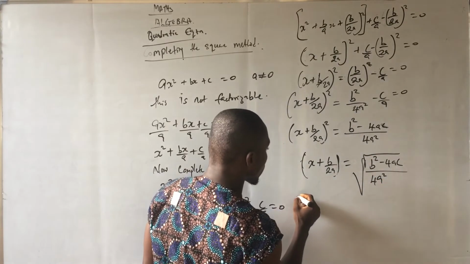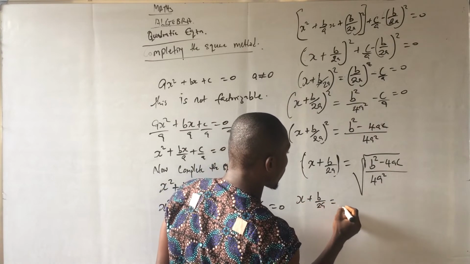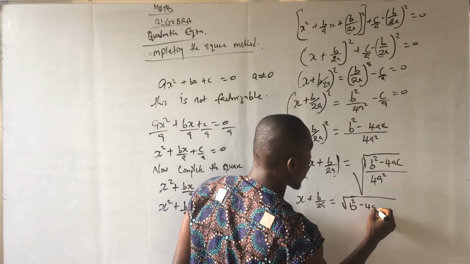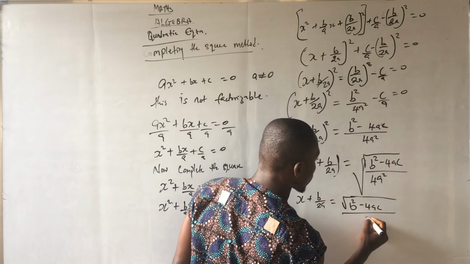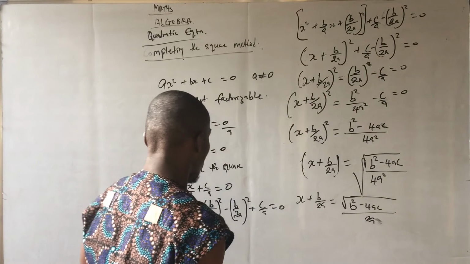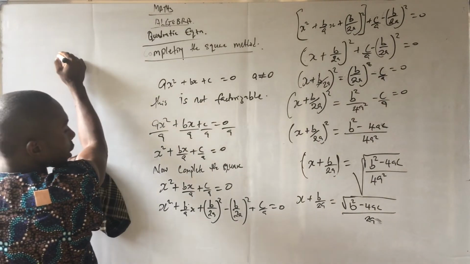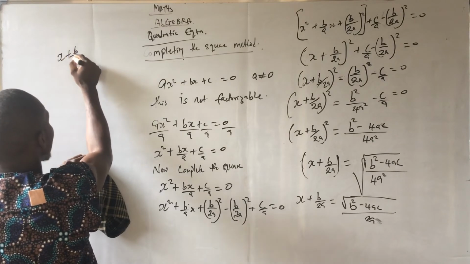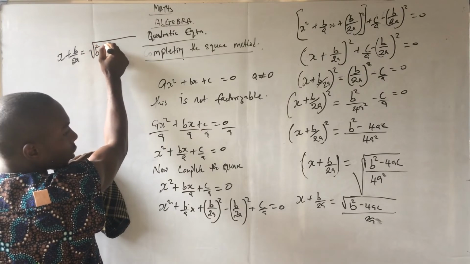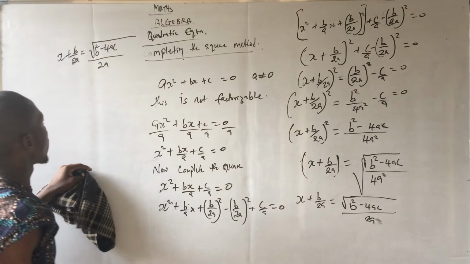So this is going to give us that x plus b over 2a is equal to the square root of b squared minus 4ac all over 2a.